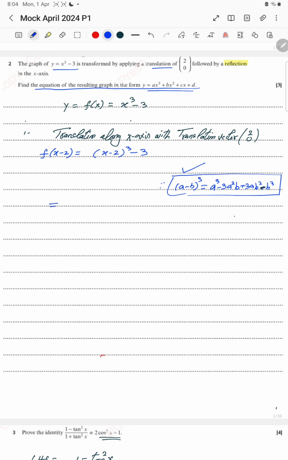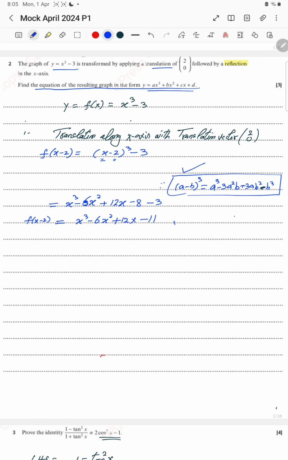And here I'm going to apply this directly. a is x and b is 2, so x cube minus 3 times 2 x square, that is 6x square, plus, what comes, it will be 12x and minus 8 and minus 3, right? So furthermore I can write it as x cube minus 6x square plus 12x minus 11.